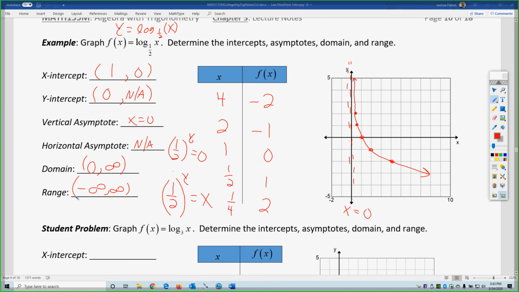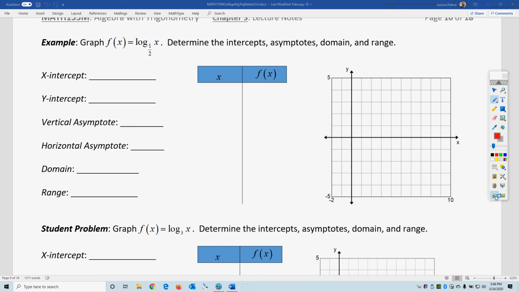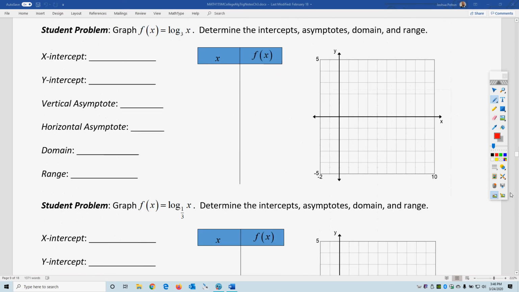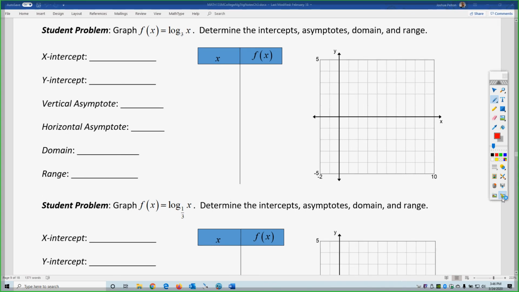Try the two student problems. All right, student problems. So I rewrite the logarithm base 3. That's going to be 3 to the y equals x. So we want to plug in y values.